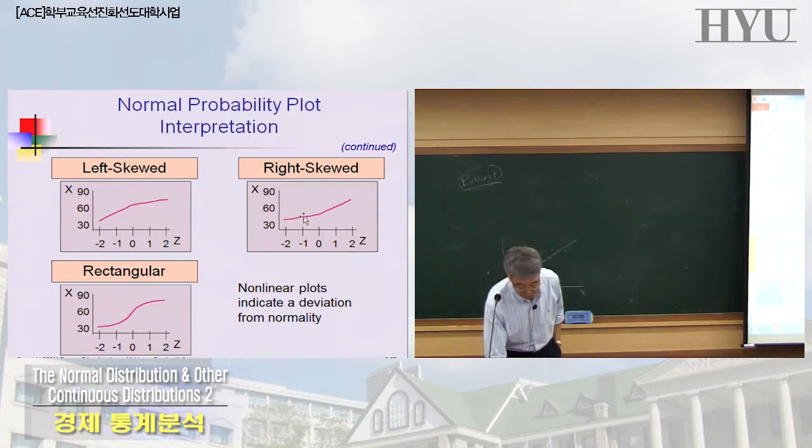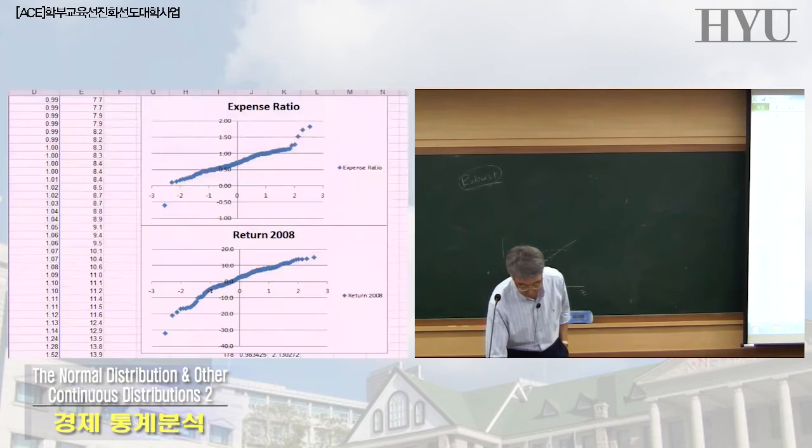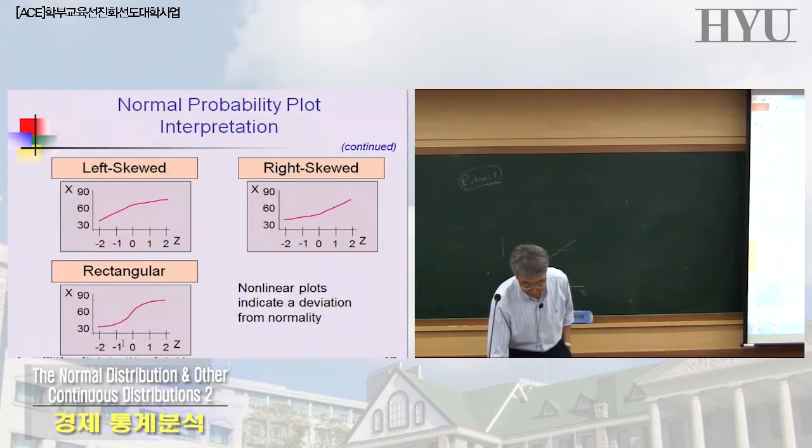If you have convex downward, I think in our case you can say this is more concave downward, and this is more convex downward. Do you understand what I'm saying? Concavity and convexity. Then it indicates that values are right skewed. And if you have this kind of shape, you got a problem.